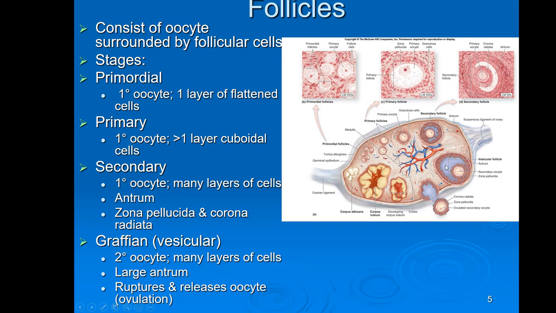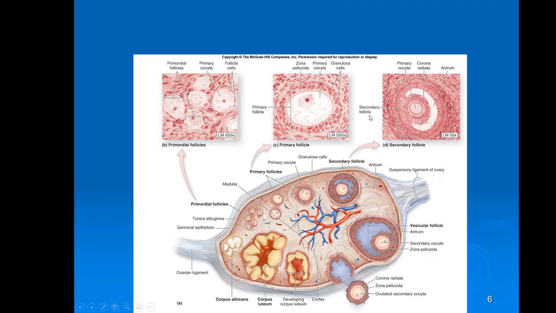You can see it has the big antrum, corona radiata, zona pellucida, and a secondary oocyte, which is ready to be released. When it's released, that's called ovulation, which normally occurs about every 30 days. And here's just another picture of the follicles along with the oocytes.